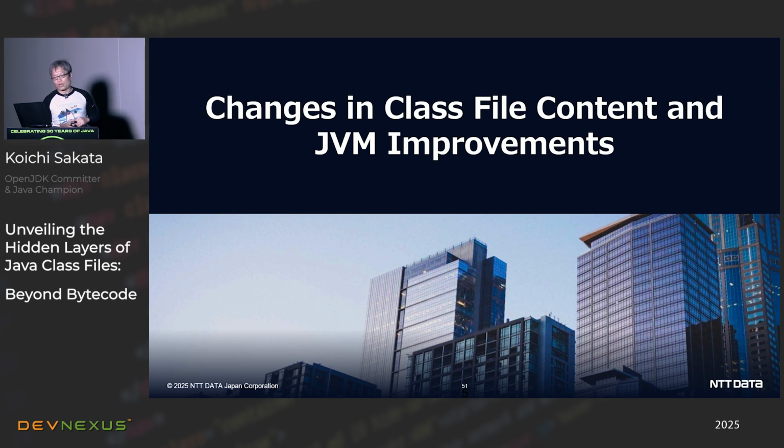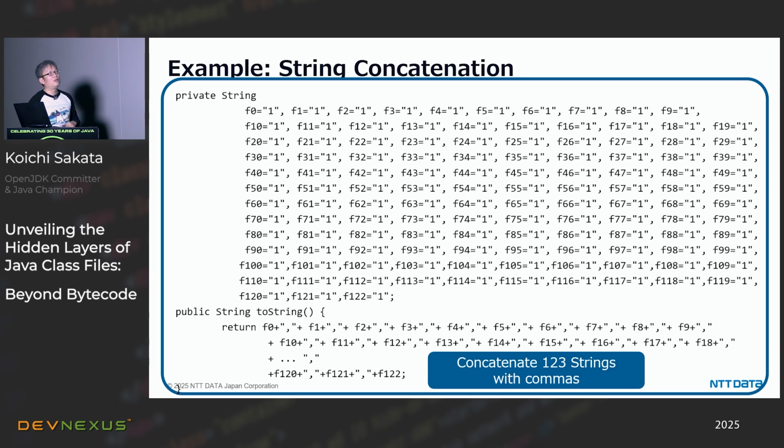Next, let's talk about changes in class file content and improvements in the JVM. Please take a look at this code. Don't worry, this is not production code. This class has 123 string type fields.